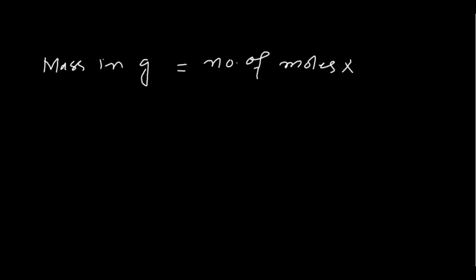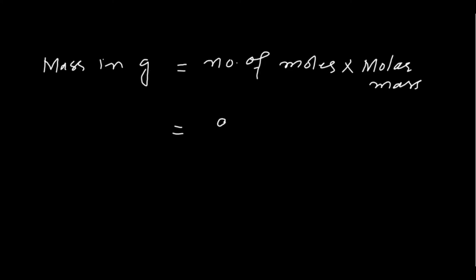Now we will use the formula here to calculate the mass in gram. Mass in gram is equal to number of moles multiplied by molar mass. We will put the values in this formula.